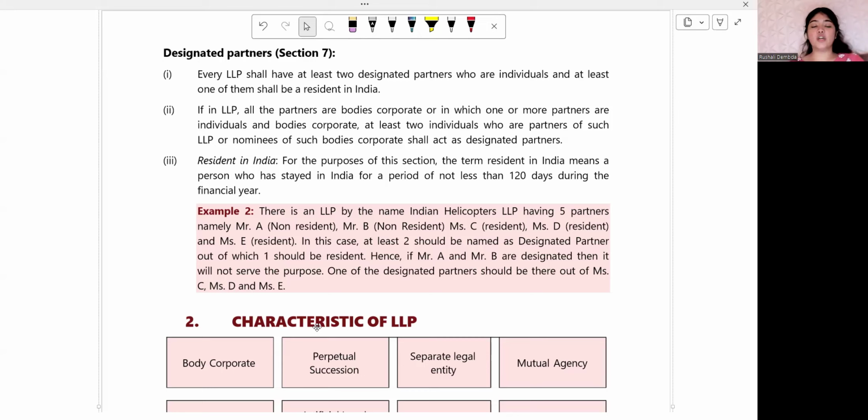So if any other provision is made that makes some of the Partnership Act provisions applicable to LLP, they will be considered. Or else, save otherwise, no provisions of Partnership Act will be applicable to LLP Act.